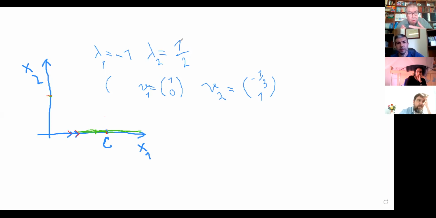Now, what is the direction aligned with V2? V2, as you mentioned, is minus 1/3 and 1. Forget about those axes because you are thinking locally.